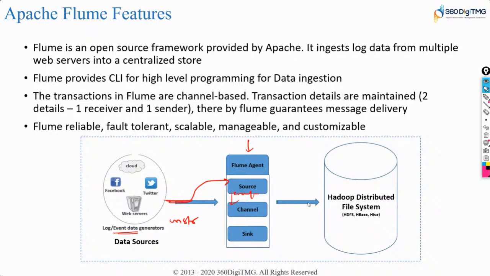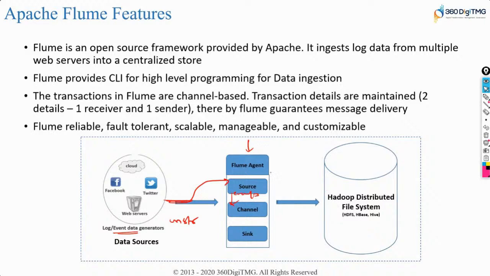Now, once the data is with the source, this source can generate multiple events also. And these events that are getting generated are passed to channel.